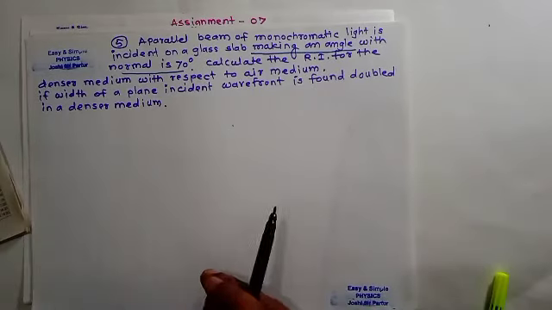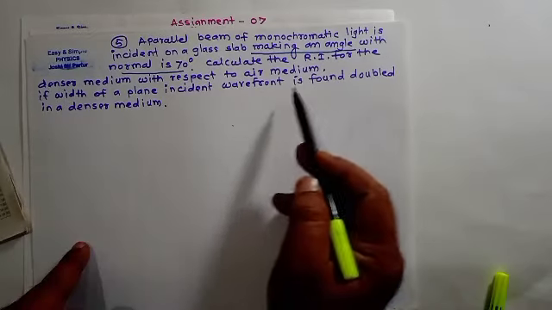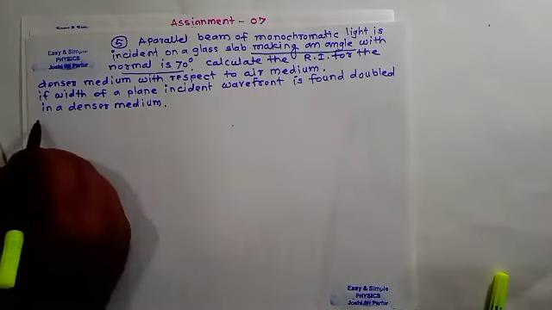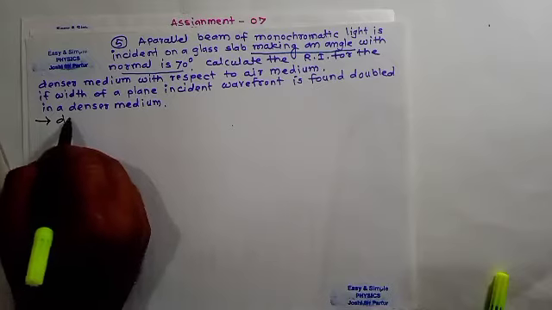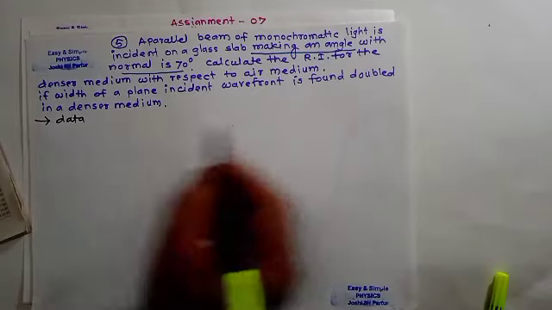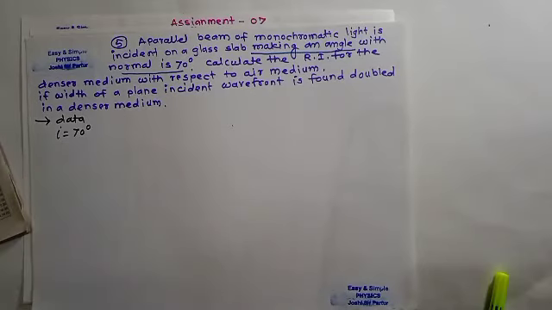Here we can calculate it if the width of the plane incident wavefront is found double in the denser medium. By using this data, the angle of incidence will be 60 degree.